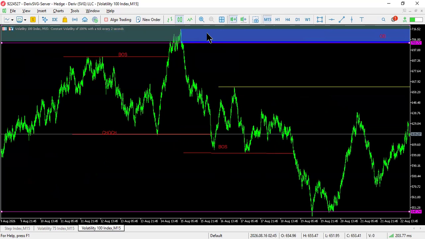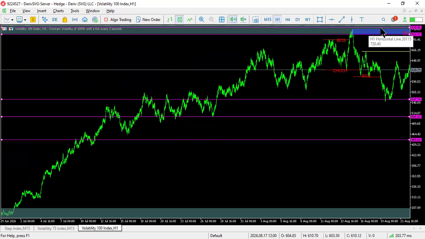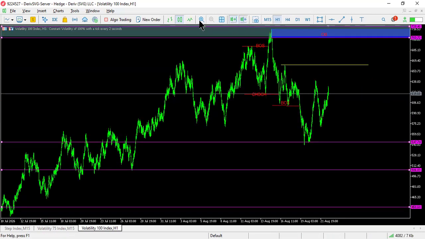Okay, we can go ahead and place a sell limit on volatility 100 with your entry price at 703.72, stop loss at 720.40, and first take profit at 547.74, second take profit at 505.03, third take profit at 450.60, and always apply proper risk management.